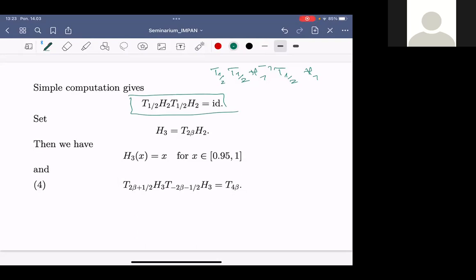For H2 will be H1 T1/2 H inverse T1/2, but we have to have T1/2 over here. So this cancels. T1/2 with T1/2 cancels. We get H inverse, and we have H1 inverse. So everything cancels.